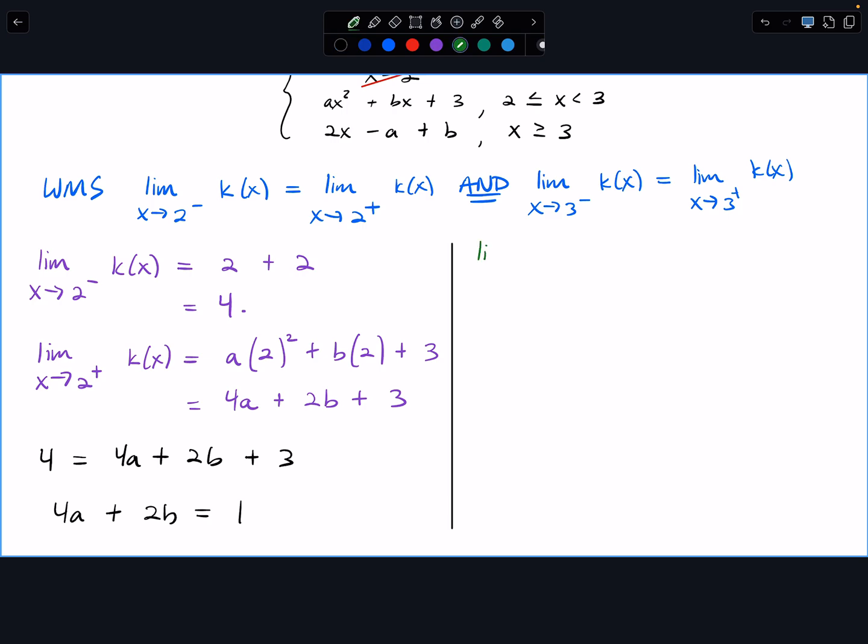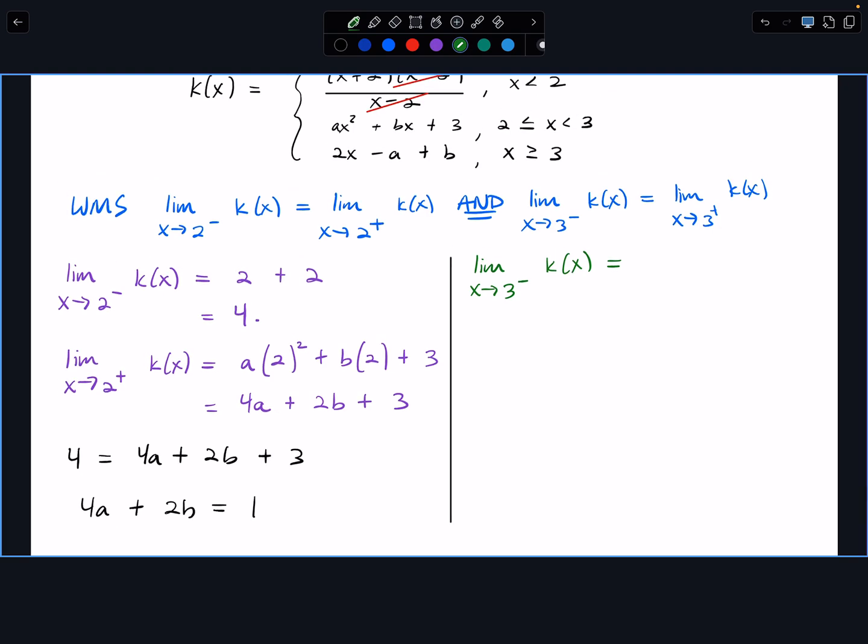So now the limit as x approaches 3 from the left of k of x, which one am I going to plug that into? Middle, good. So it's going to be a times 3 squared plus b times 3 plus 3. So that's just going to be 9a plus 3b plus 3.